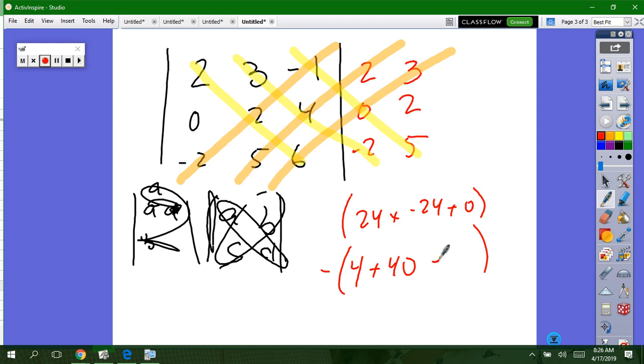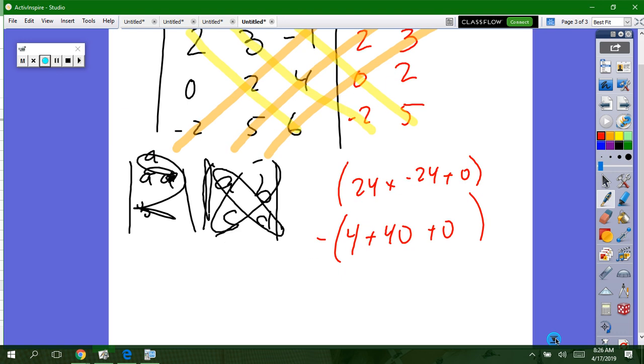It's your 0. Okay. So, what do we have here? 24 plus negative 24 plus 0 is 0. Minus 4 plus 40, 44. You get the same number, 44, three different ways. Okay?